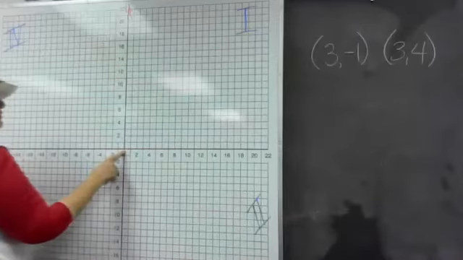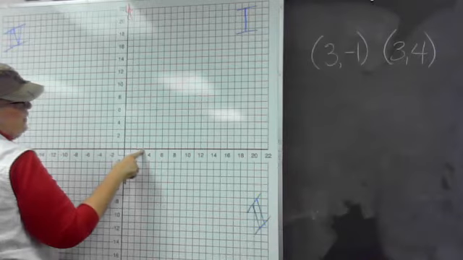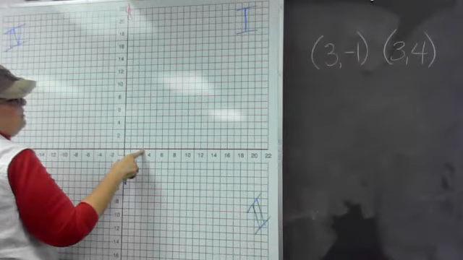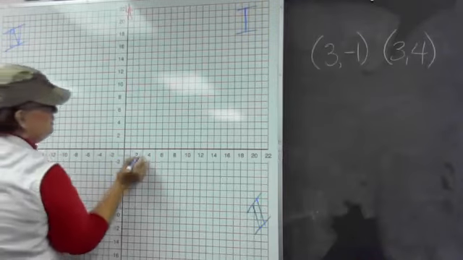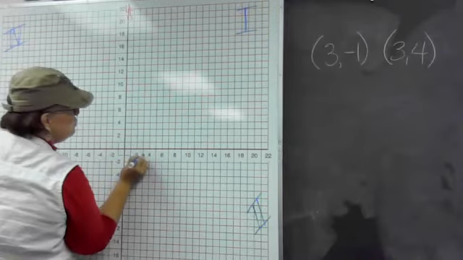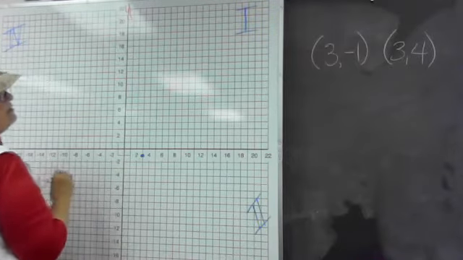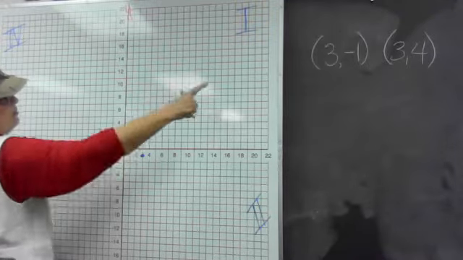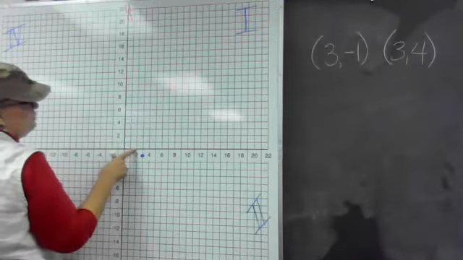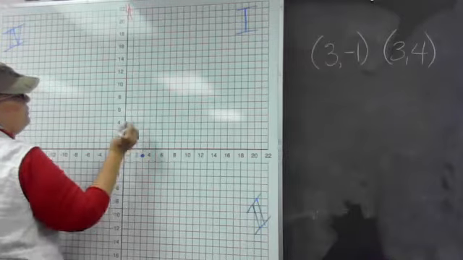I start at the origin. I move 1, 2, 3 spots, and then go down 1 because it's a negative. So here is where you will have your first point. Oh, this one's easy. Okay. And the other one, I'm going to plot that point. 1, 2, 3. 1, 2, 3, 4.